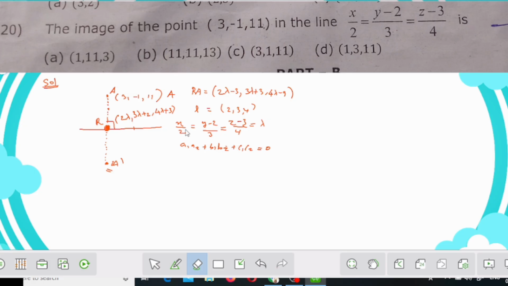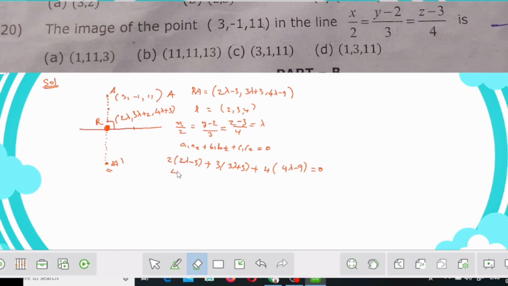So from here, a1 b1 c1 are 2 lambda minus 3, 3 lambda plus 3, 4 lambda minus 9, and a2 b2 c2 are 2, 3, 4. By using this condition, 2 into (2 lambda minus 3) plus 3 into (3 lambda plus 3) plus 4 into (4 lambda minus 9) equal to 0.